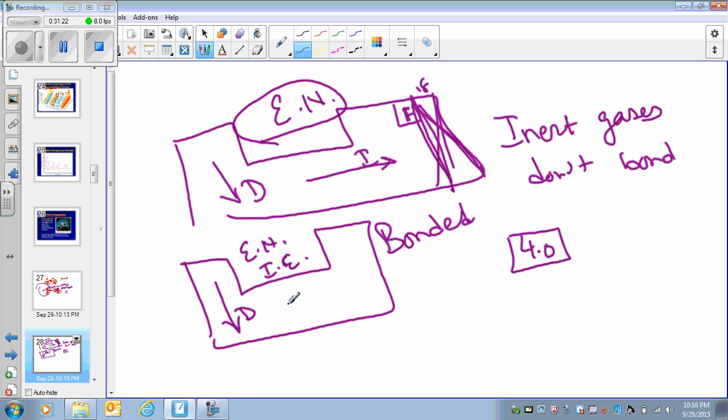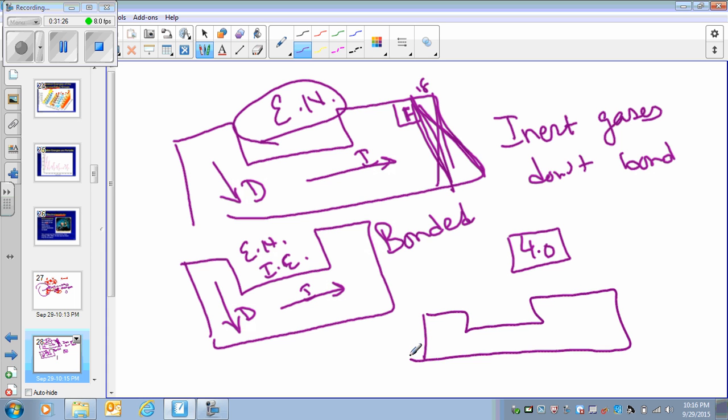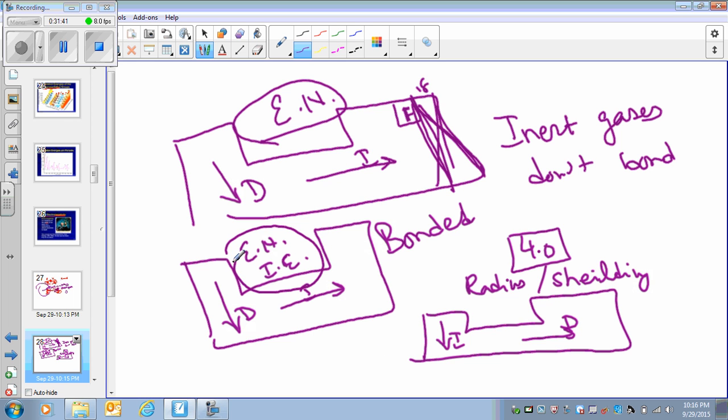They decrease down and they increase across, and they're opposite to the radius. The radius gets bigger down and smaller across, and the shielding effect follows the same trend as the radius. So the radius and shielding effect have the same trend, and electronegativity and ionization energy have the same trend.